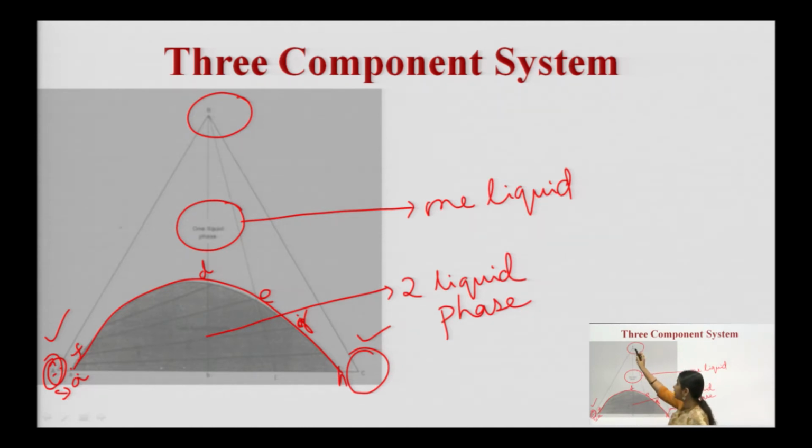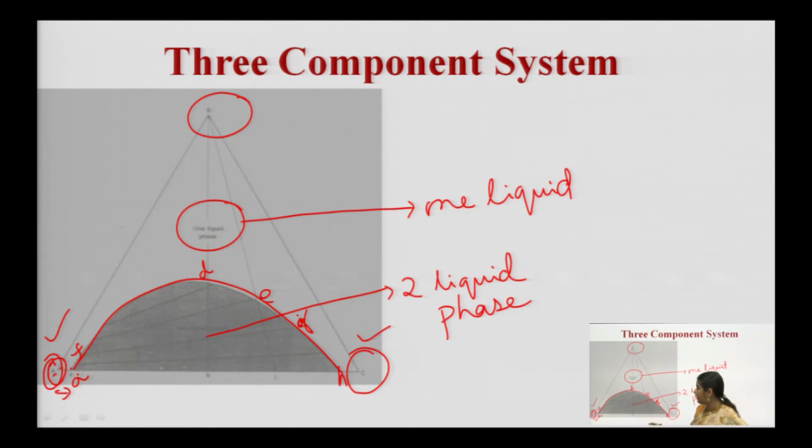If B is miscible to the same extent in A as well as in C, then the tie line will be parallel to AC. But if the miscibility is different, then the tie line will be different and will not be parallel.